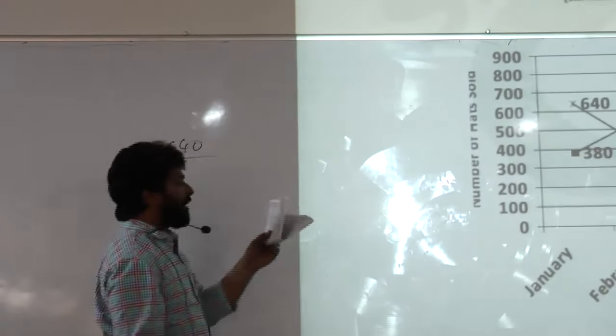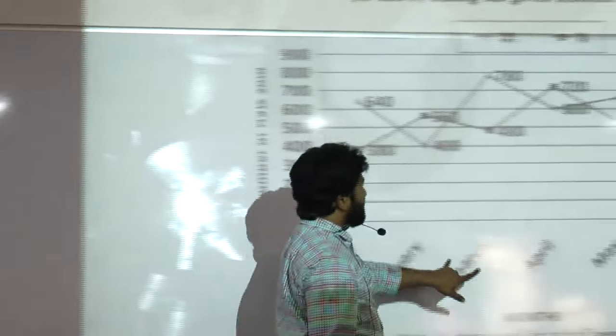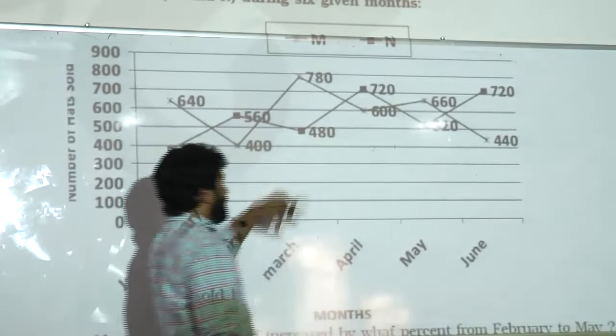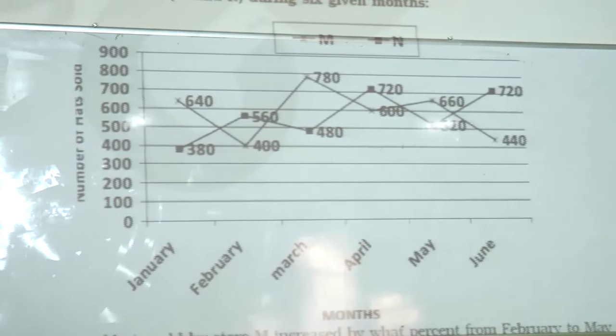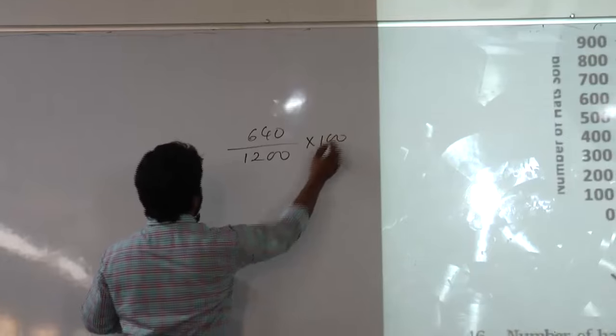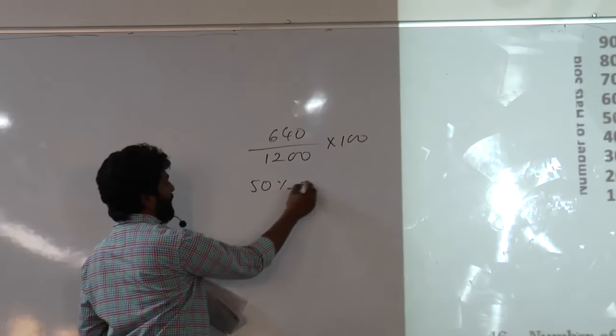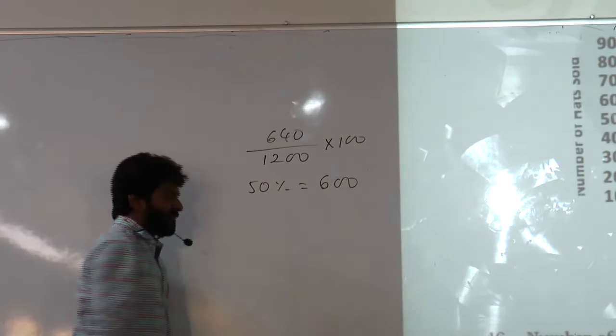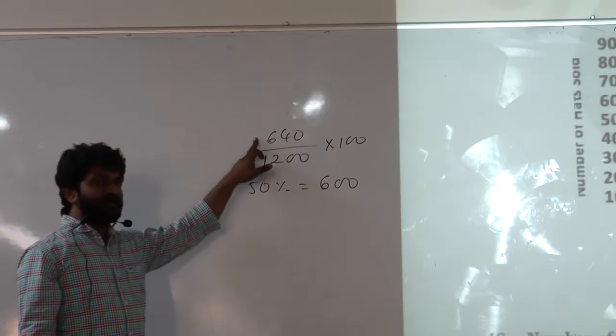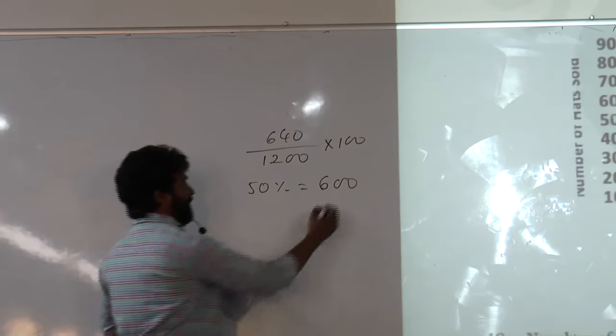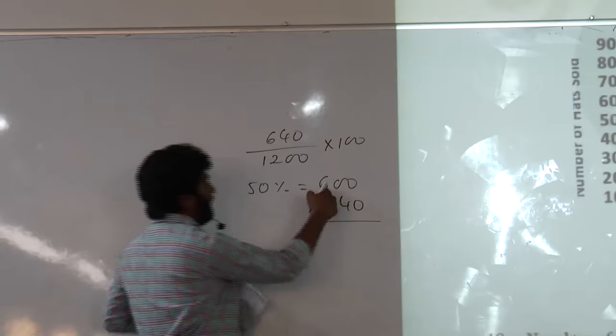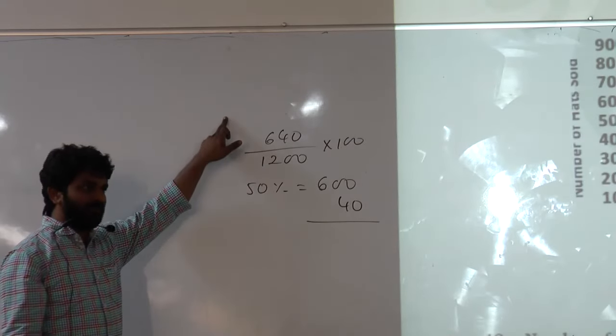N in March and April is 1200, right? 480, 720. How much? 1200 into 100. Straightforward. What about 50%? 600. But we have 640, which is more than that. So to this number you need to add 40 so that it becomes 640.